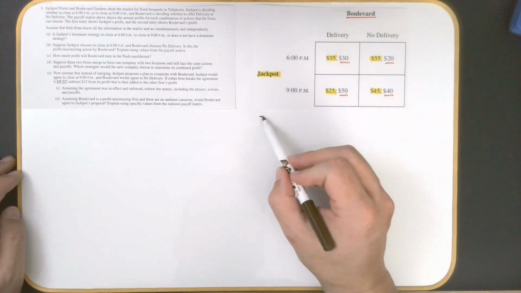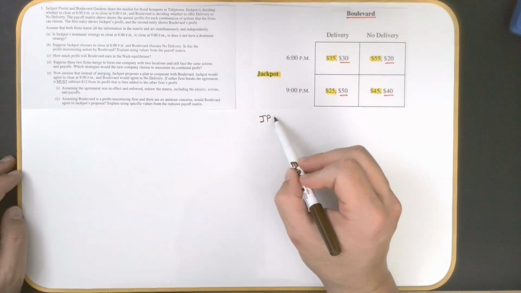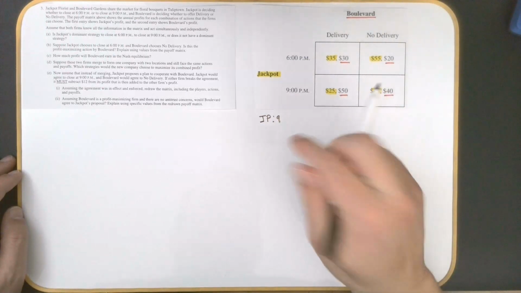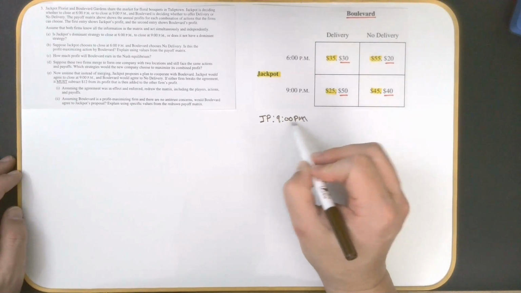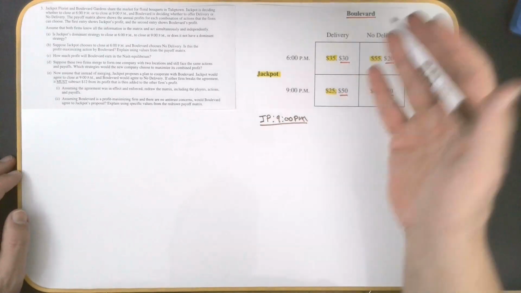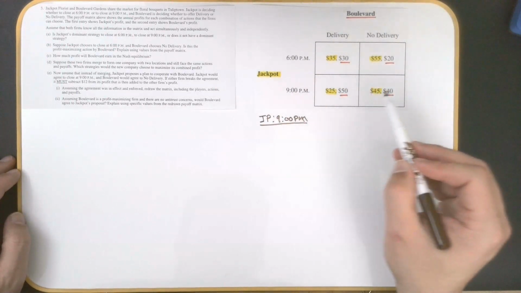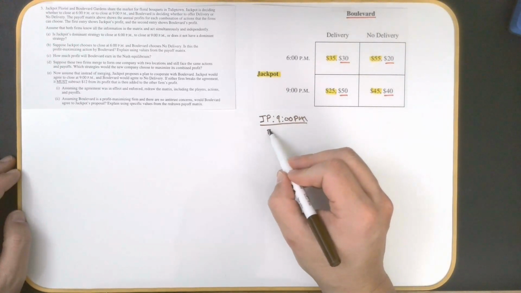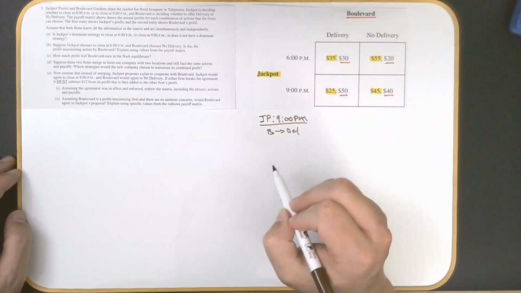Let's force Jackpot to close at 9 p.m. Okay, so if Jackpot closes at 9 p.m., let's see what Boulevard will do. What's better for Boulevard, 50 or 40? 50. Therefore, Boulevard will deliver. That would be their decision.